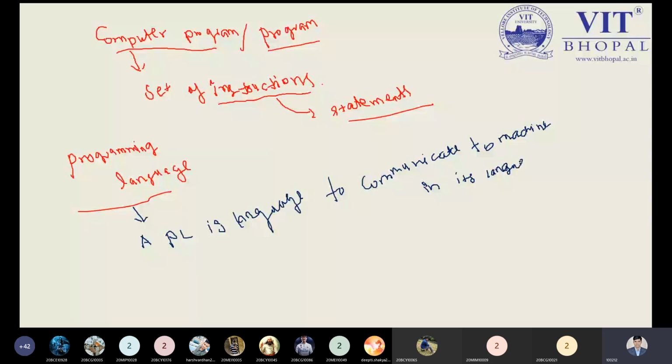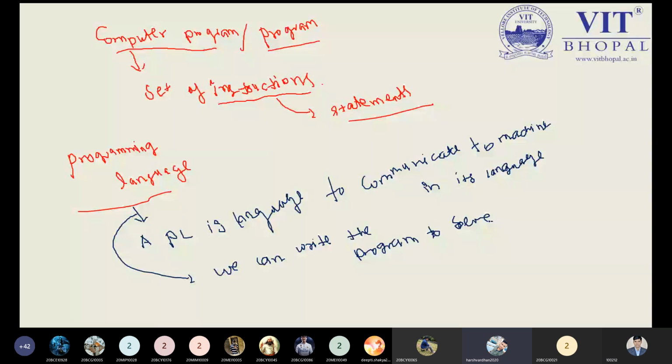And with this programming language, we can write the program to solve the problem.